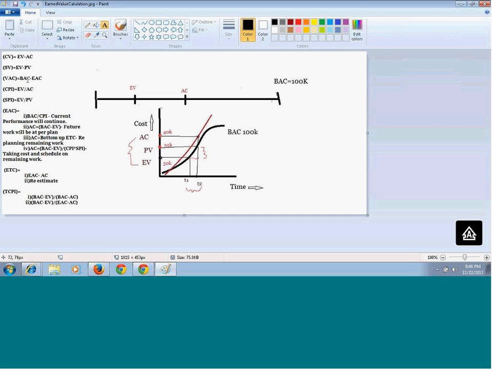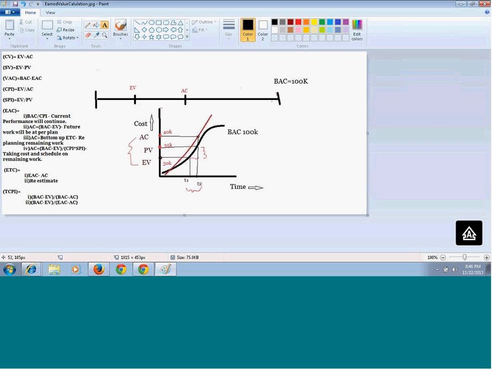So budget at completion minus the estimate at completion will give you the variance at completion, the amount of money you will actually overspend or underspend based on your estimate at completion. Now cost performance index. Cost performance index is your earned value divided by actual cost. So it is the unit of work you are getting for the cost you are spending.